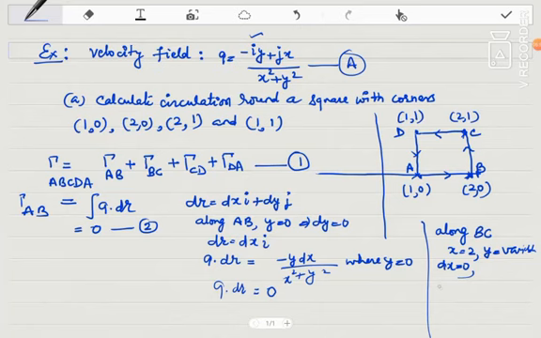So dr will be j dy, because dx will be 0. If I calculate Q dot dr, I will consider only this portion, so it will be x dy upon x square plus y square. Now I can put x equal to 2 here, and I will get 2 dy upon 4 plus y square. I'll write it on the next page.